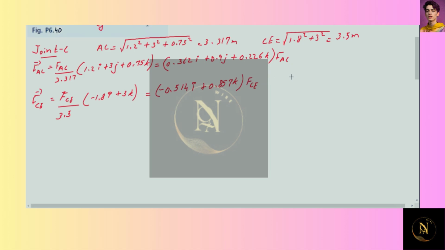And the vector FCD is actually the FCD, and this is only along K.